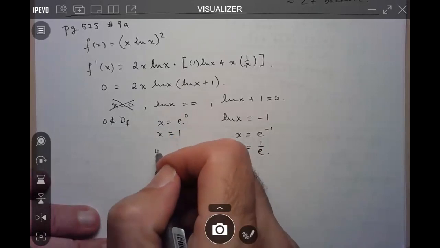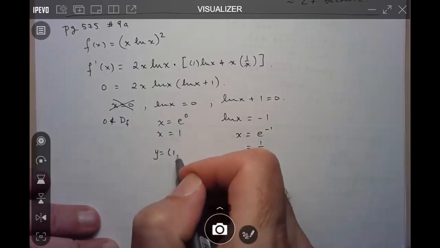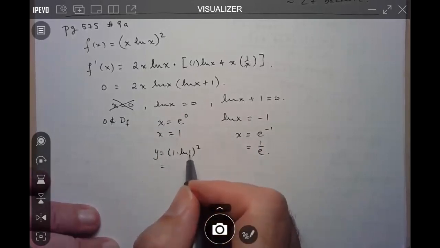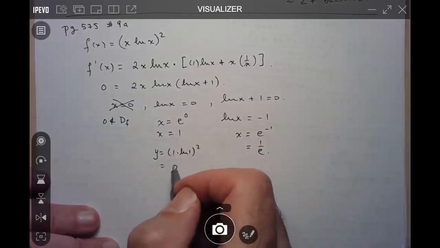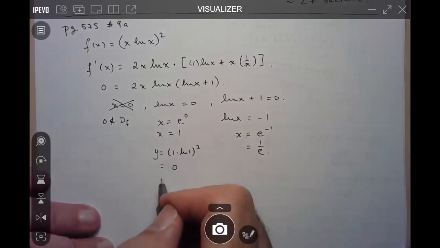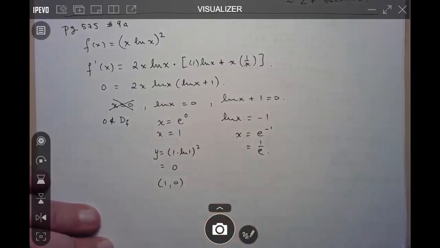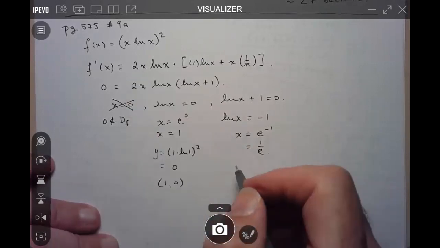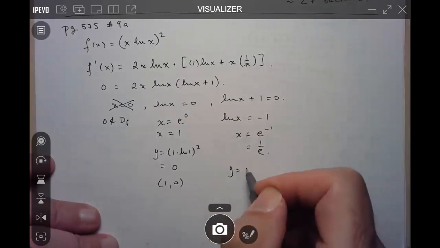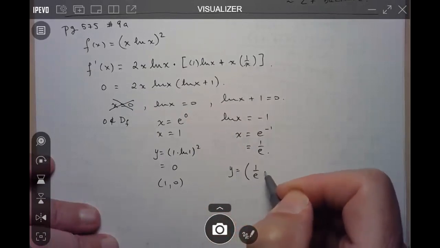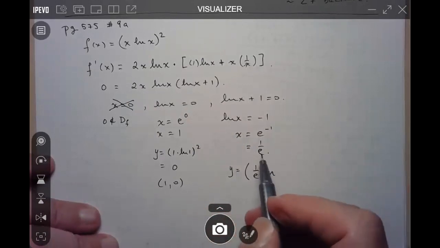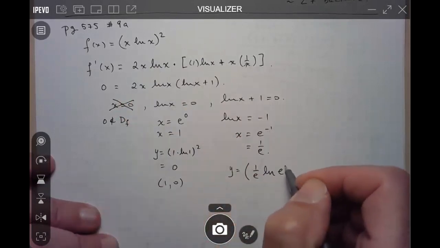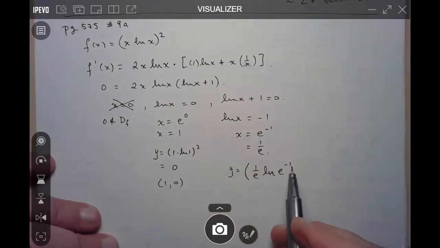So here, y is equal to 1 times (ln 1) squared. But of course, ln of 1, as we just talked about, is equal to 0. So this whole thing is equal to 0. Okay, so (1, 0) is one of those points. And here, let's stick this into my expression. So what do we have? We have 1 over e times (ln of, and because I have ln, I'm actually going to put this in as e to the -1, which is equivalent to 1 over e) squared.